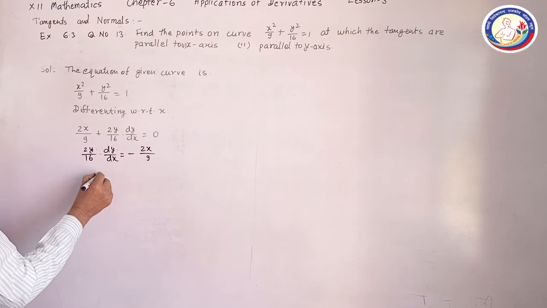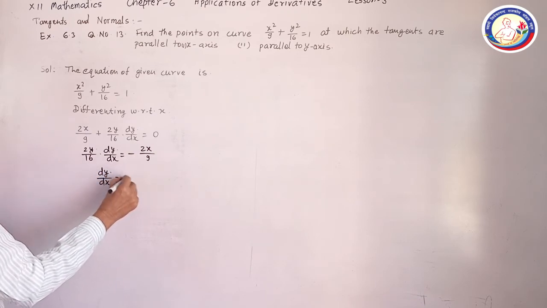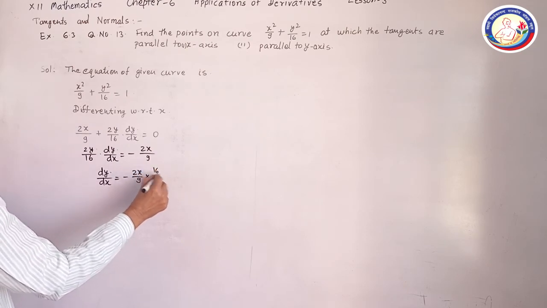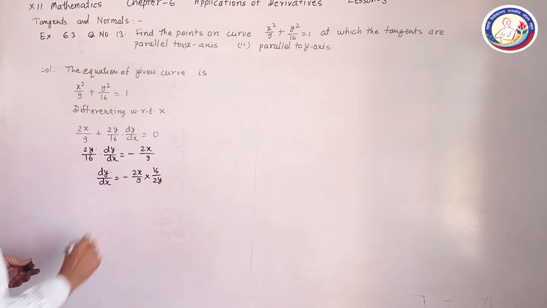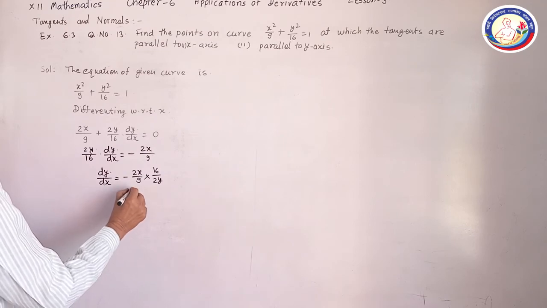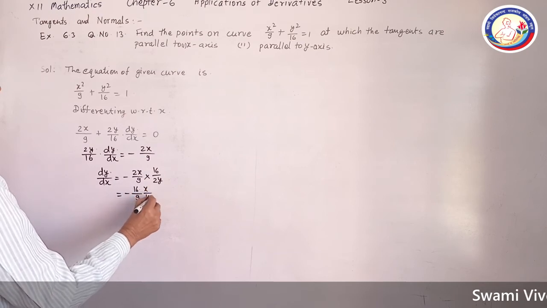And by cross multiplication, the derivative of y with respect to x will be minus 2x upon 9 multiplied by 16 upon 2y. 2 cancels 2 here. This will be minus 16 upon 9 x upon y.